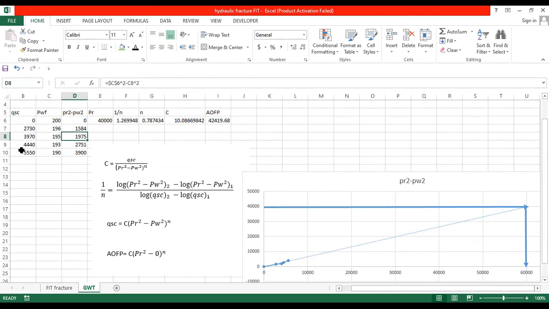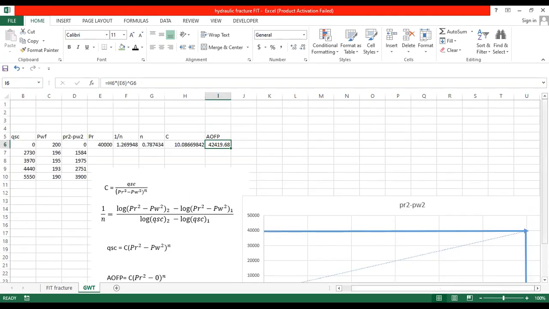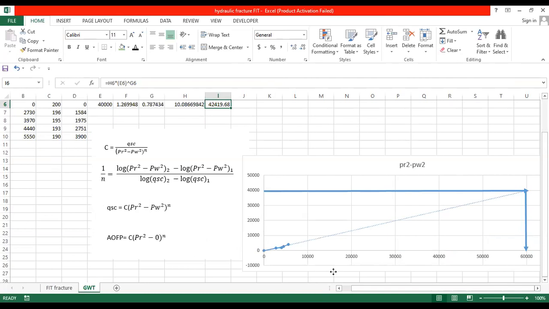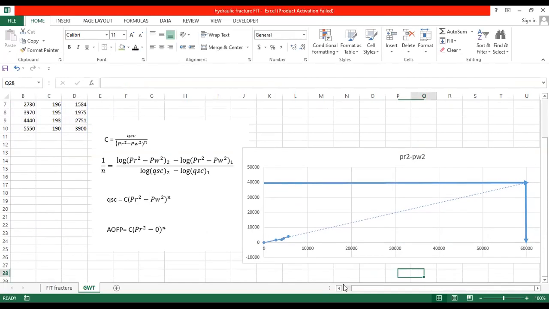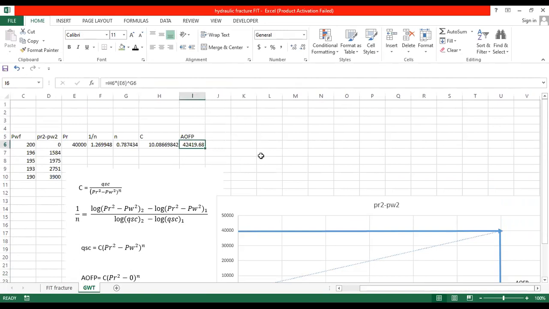But if you take all the points, the last to first, then we are getting something close to the numerical value, which is equivalent to our AOFP. So this is the AOFP we got through the graph, and this is the value which we got through theory. Why can't we consider the second point?